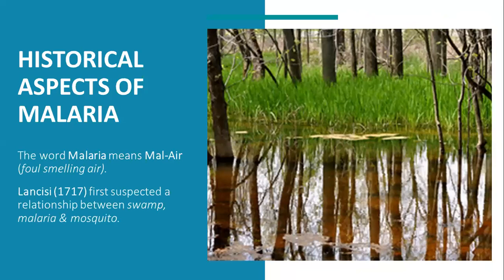Because before that, whenever people stood at a swamp or standing water area, most of them used to suffer with high chilling fever, which is today's malaria. So people said that whenever we stand near standing water, we get foul smelling air, and that gives us this disease.